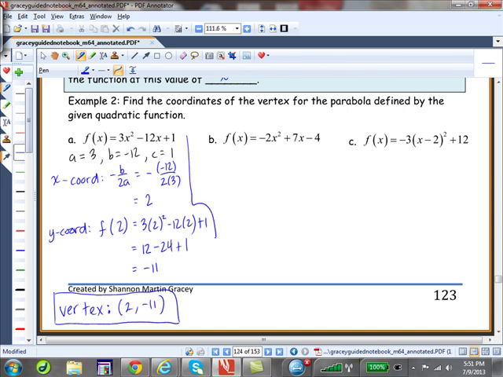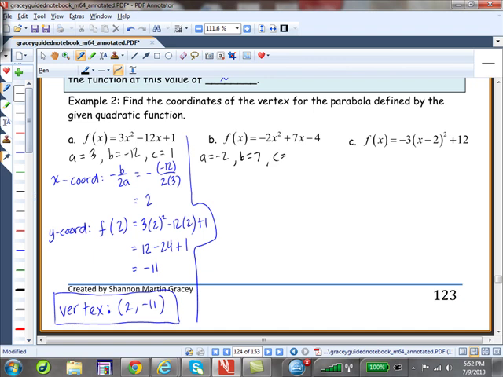So you just need to do a little bit of computation for that one. Okay, go ahead and pause the movie, and you guys try part B and C, and see how you do. Good luck. Okay, let's see how you did. What's our A, B, and C on this guy? Our A is negative 2, good.